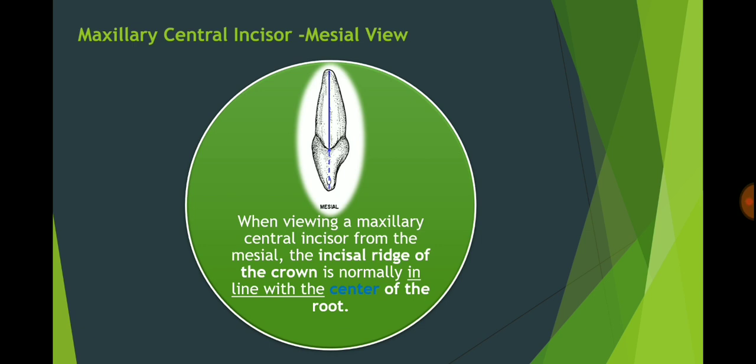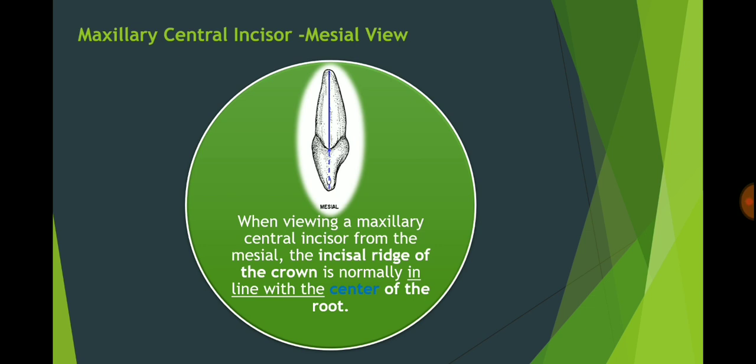So this is a mesial view of the maxillary central incisor. When viewing a maxillary central incisor from the mesial, you can see that the incisor ridge of the crown is normally in line with the center of the root.